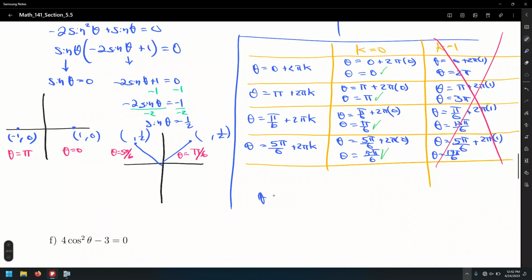So the first solution set is theta equals 0, pi over 6, pi, and 5 pi over 6. Those are the solutions here.